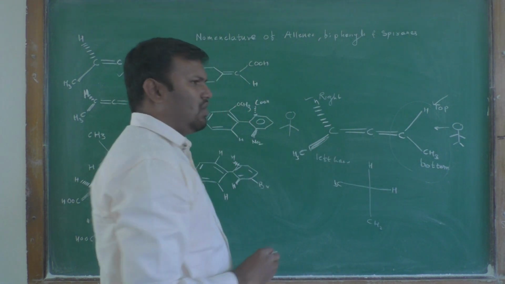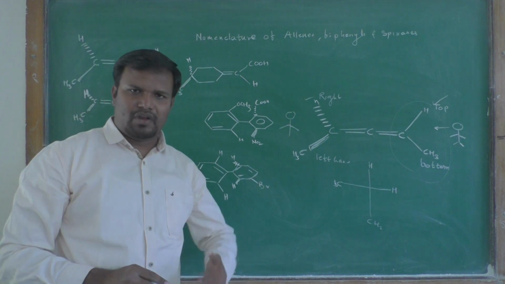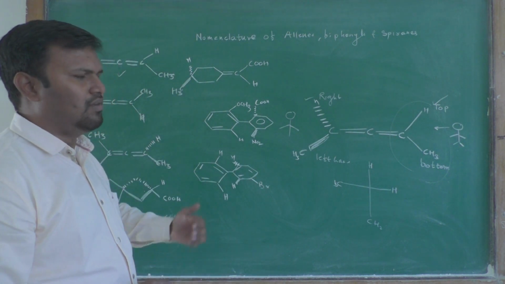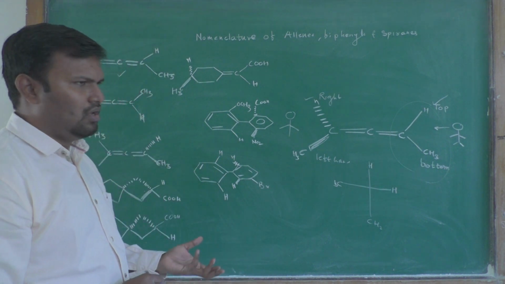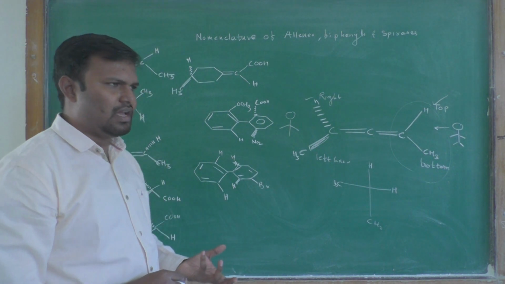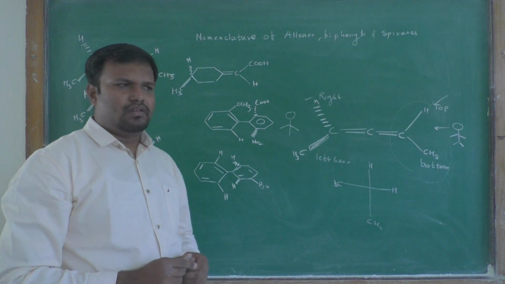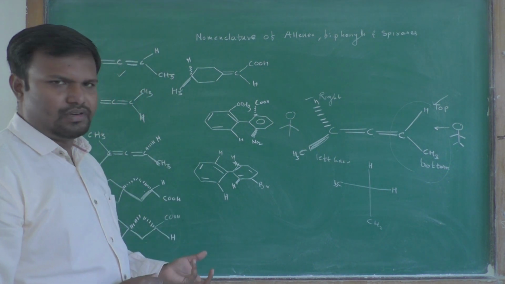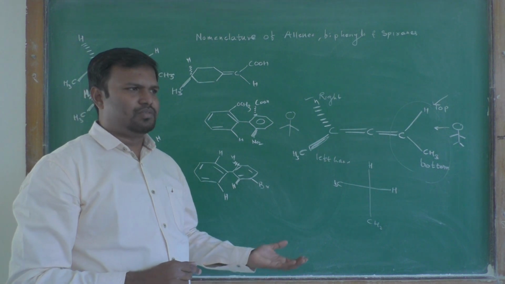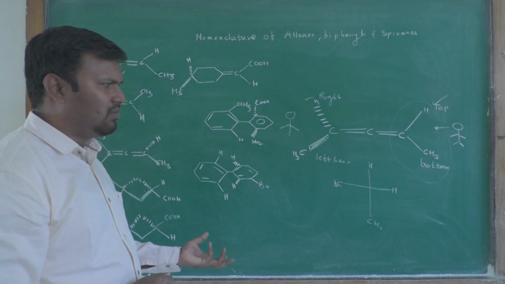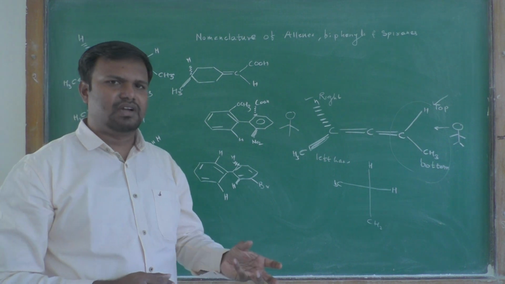For giving the priority, the priority is given according to the CIP rules, that is the Cahn-Ingold-Prelog rules. According to these rules, we can decide which group should have the top priority or the lowest priority, according to the atomic number of the atom directly attached to this carbon.